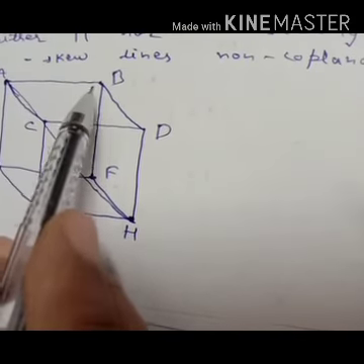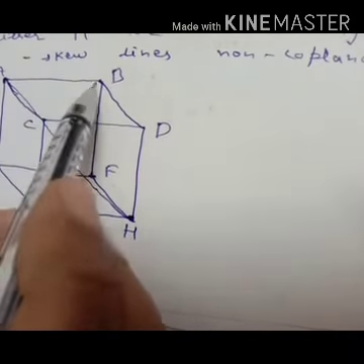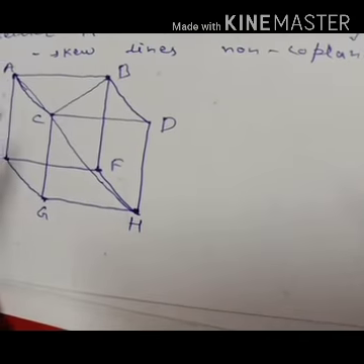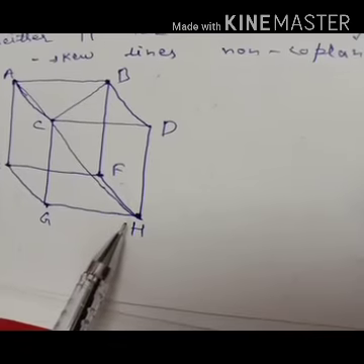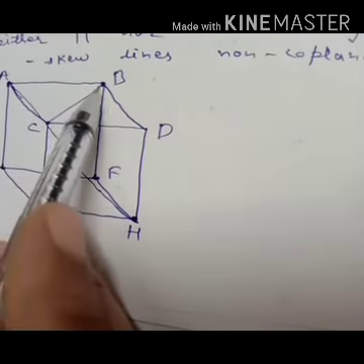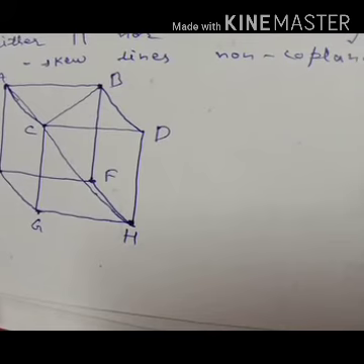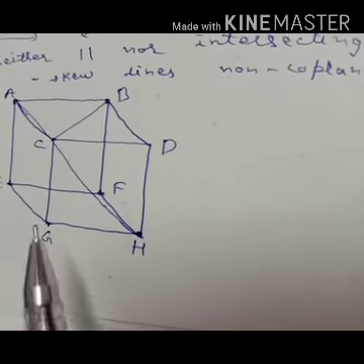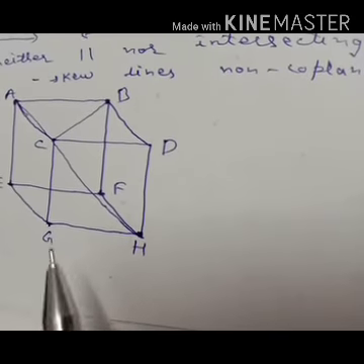Now join two opposite vertices at the top, B and C. Now the line passing through A and H and the other line passing through B and C will never intersect each other. They are not parallel also. So these are skew lines.